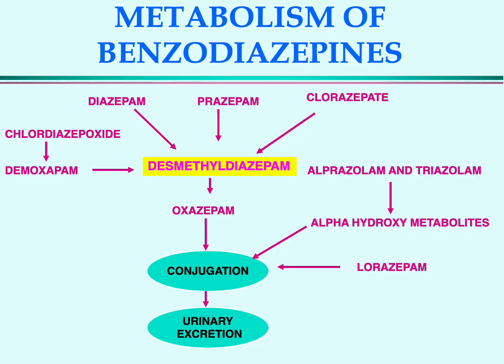Okay, so here you can see the metabolism of these. What happens is many of these benzodiazepines are all metabolized to a common intermediate called desmethyldiazepam, which is just diazepam with that methyl group removed. And that's important to know because desmethyldiazepam is an active, very long-acting metabolite, has about a 100-hour half-life. So, sedation is a common side effect of all benzodiazepines.